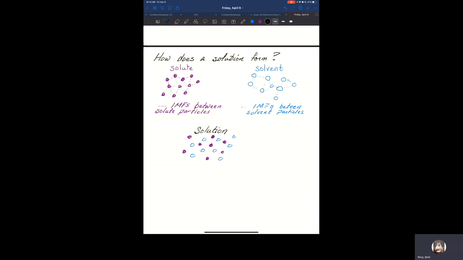In order to go from pure solute and pure solvent, I need to have these new intermolecular forces form between solvent and solute.